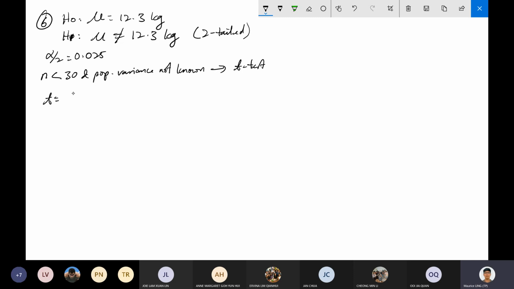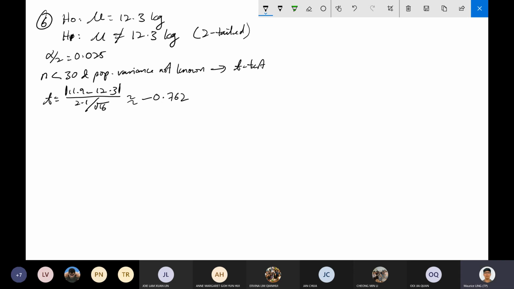The t-value, you get 11.9 minus 12.3 divided by 2.1 divided over the square root of 16. Okay. Negative 0.762. However, to make your life a lot easier, do an absolute.